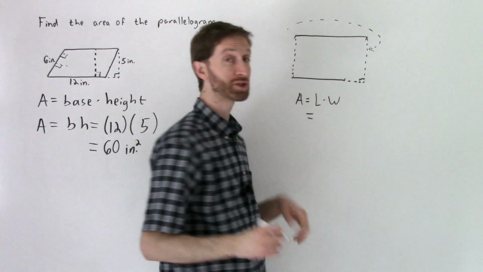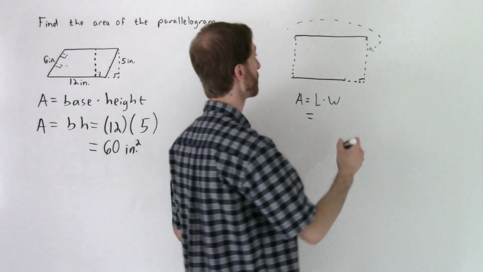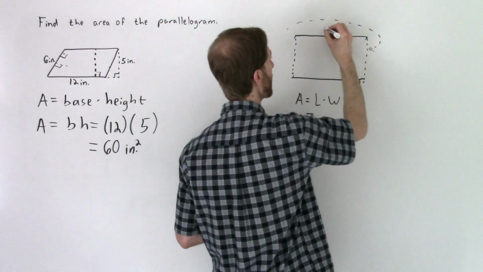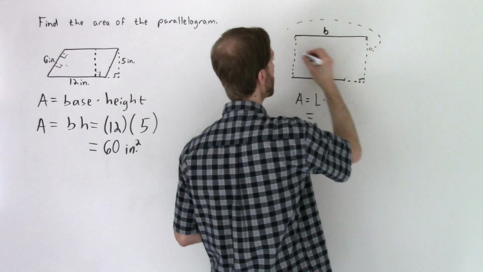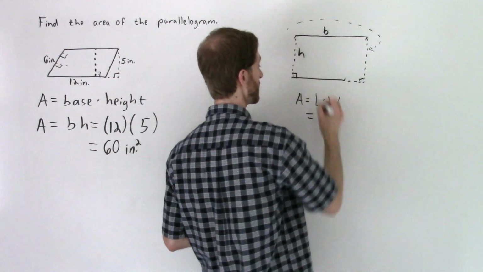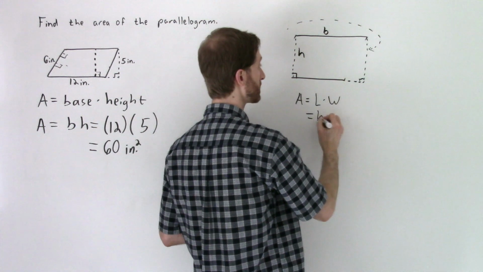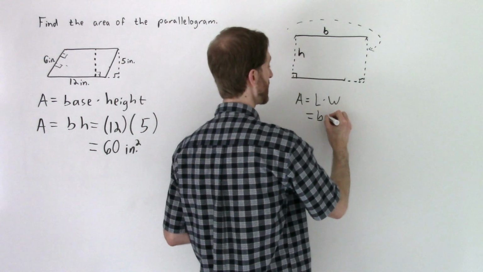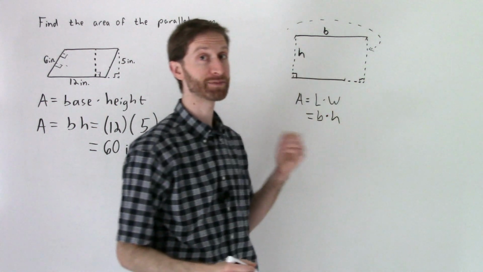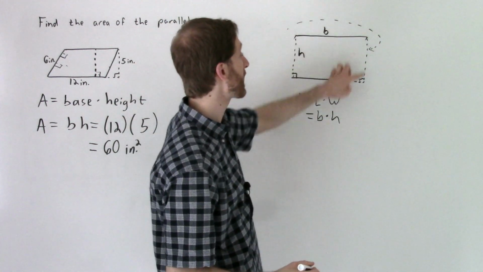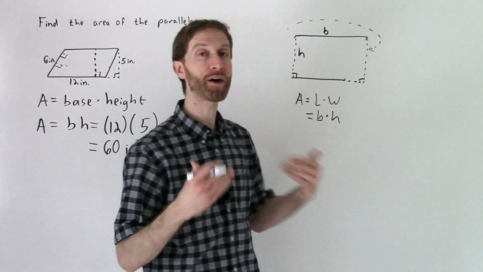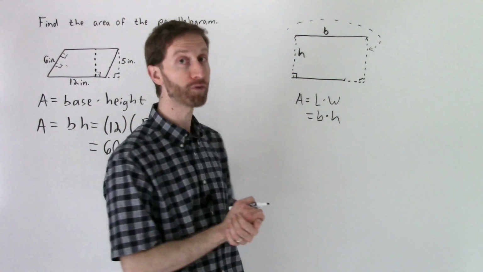And the length times the width in this particular parallelogram, well, remember the parallelogram had a base here, and then this guy right here was the original height. So length would be base, width would be height, and you get the base times the height gives you the area of this rectangle, which has the same amount of area as the parallelogram did before.